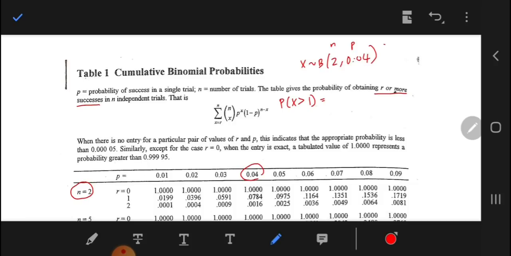So your r here is 1. You cross the r, you want r greater than 1. So your probability will be here, 0.0784. That is how you get your probability using the statistical table.